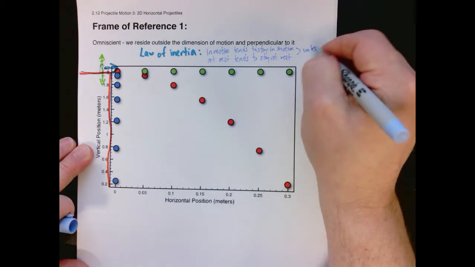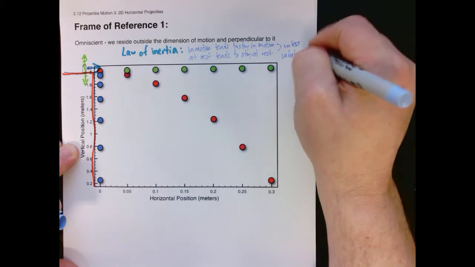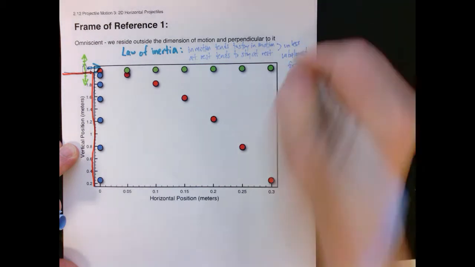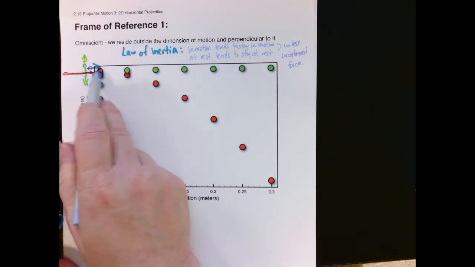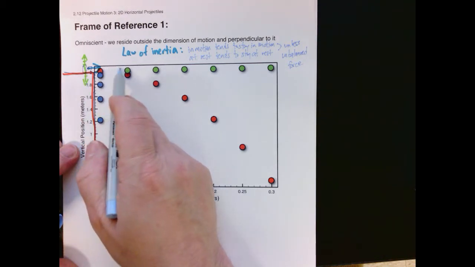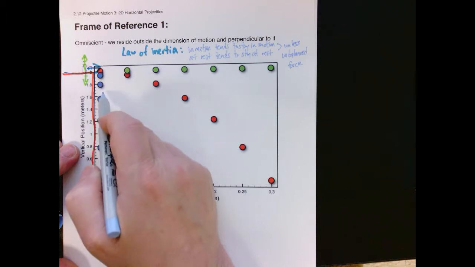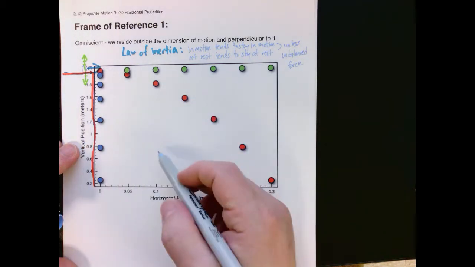Unless there is an unbalanced force, which we just spoke about on the previous slide. So this projectile has inertia. And once it gets to this point here, it's going to preserve its state of motion, except because of the imbalanced force. So it's going to travel at a constant speed horizontally, and it's going to accelerate vertically. Why? Because there is an unbalanced force vertically and balanced forces horizontally.